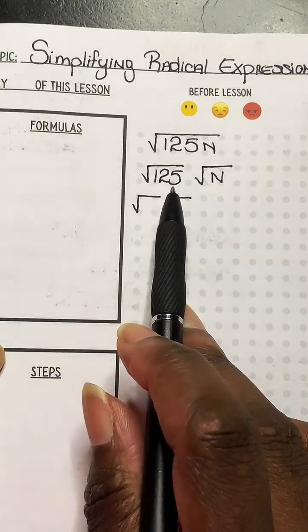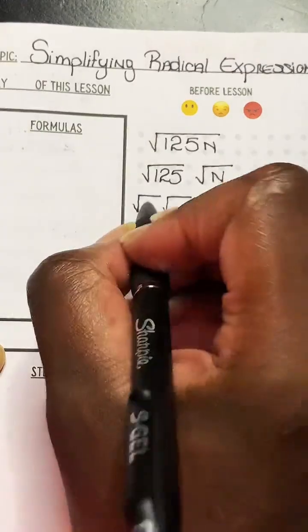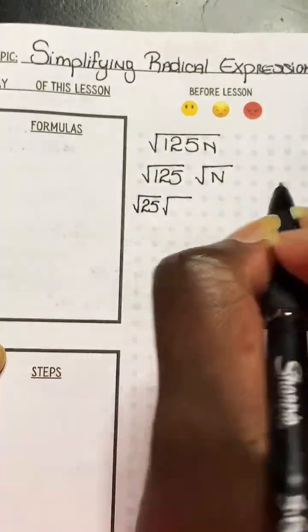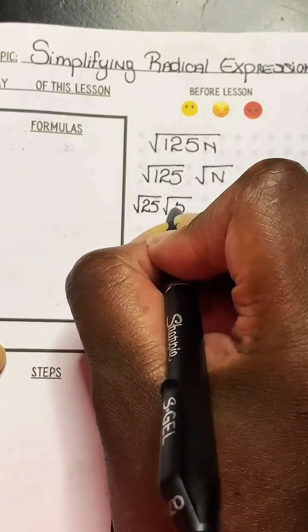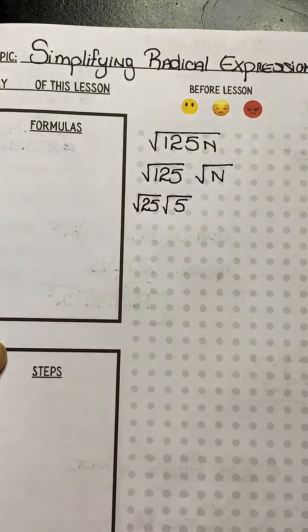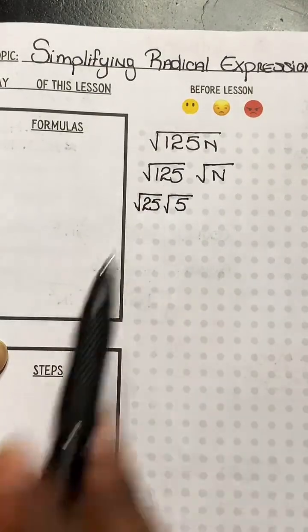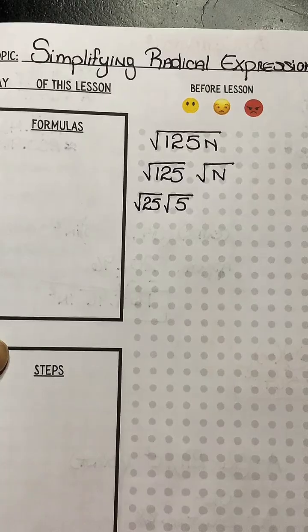Since it ends with a 5, I'm going to take a look at the square root of 25 as well as 5. We're looking at factors of 125 and what will work best for us.